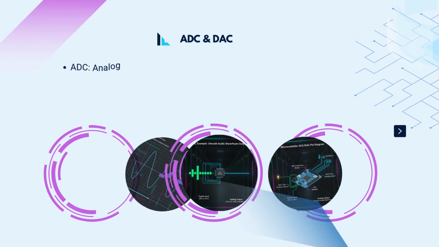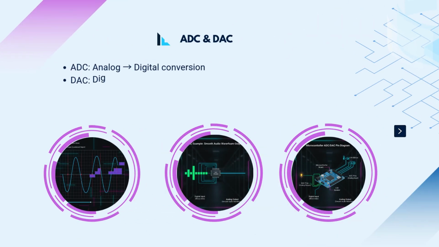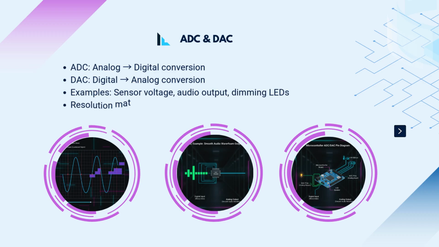Most real-world signals, like temperature, sound, or light, are analog. But microcontrollers understand only digital signals. That's why we need ADC, analog to digital converters. An ADC takes analog input, like voltage from a temperature sensor, and converts it into a digital number that the microcontroller can process.